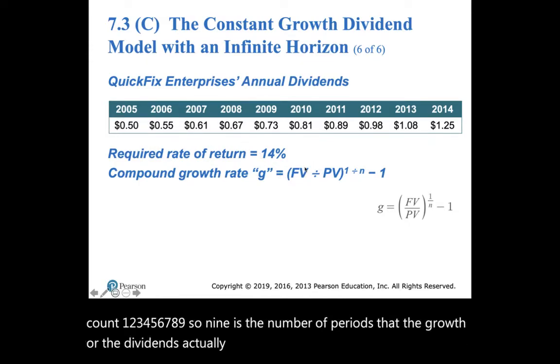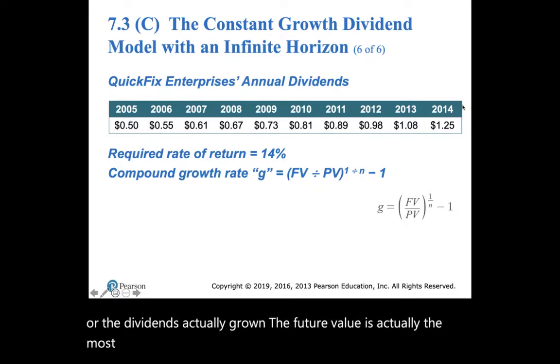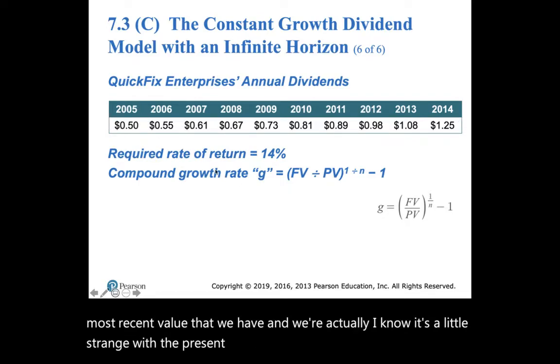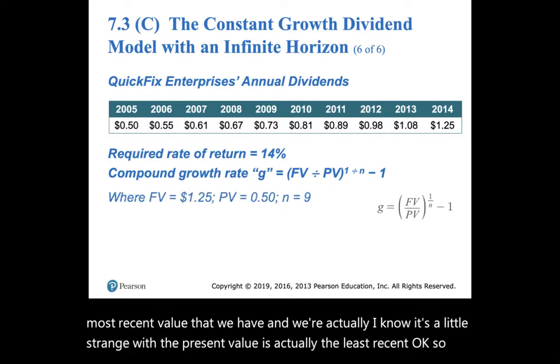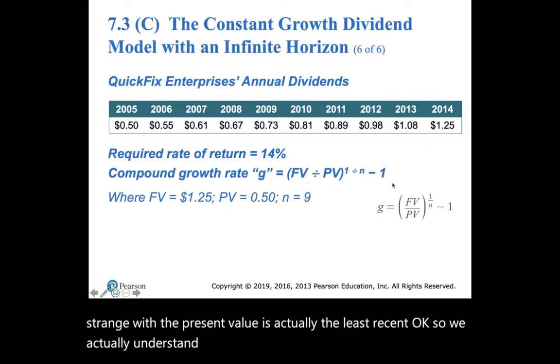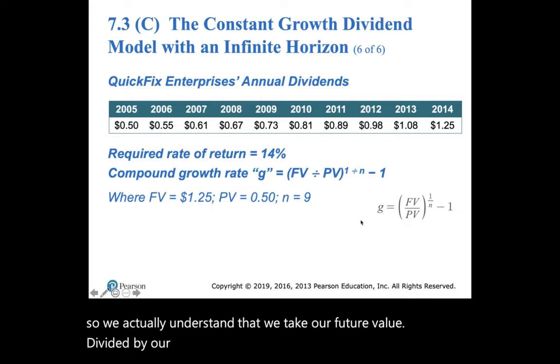The future value is actually the most recent value that we have. And I know it's a little strange, but the present value is actually the least recent. Okay, so when we actually understand that, we take our future value divided by our present value, and n is the number of periods.